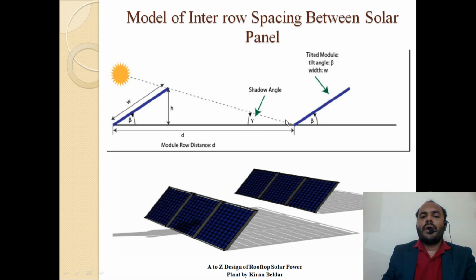So we have to mount the second row of panels by considering the shadow length of the first row. The tilted module, with tilt angle beta, has width W, and the inter-row spacing is the D value, nothing but the shadow length of the first panel.